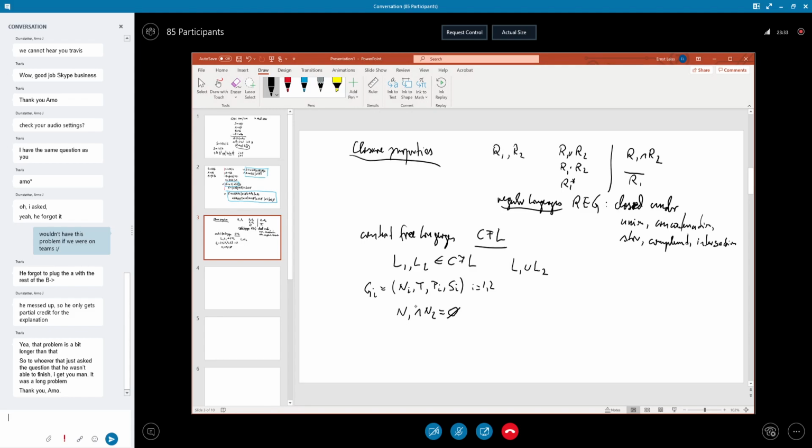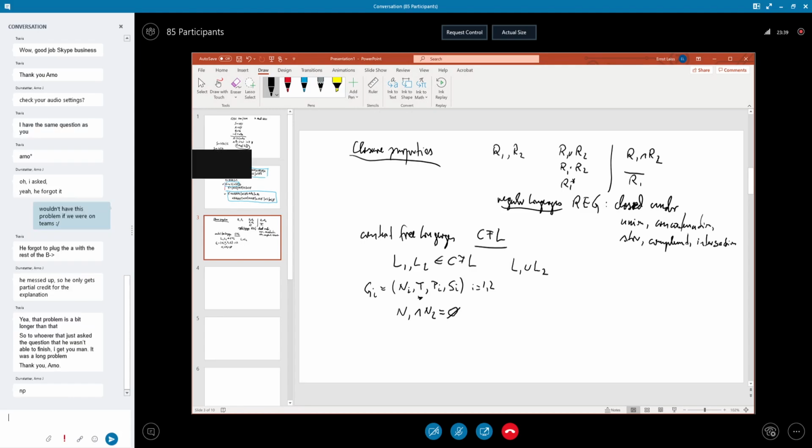No variables in common. Obviously, the terminals are the same, but that doesn't really matter. If you have two different terminal alphabets, you just form the union of them and then use that for the T, so that is not really a problem.